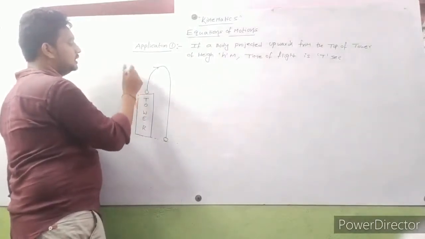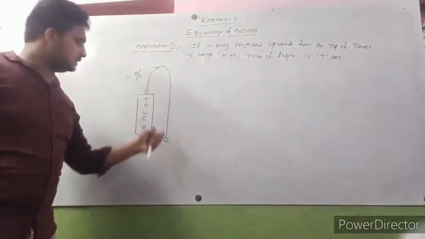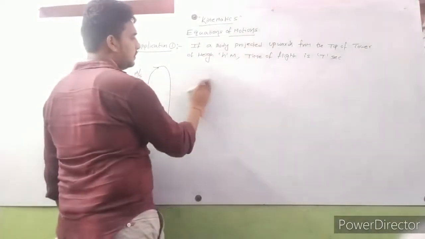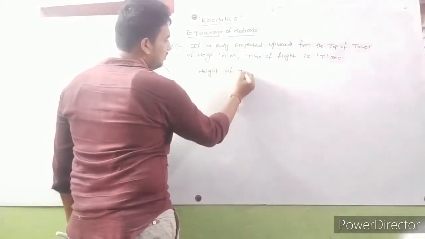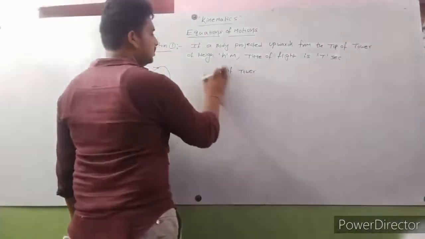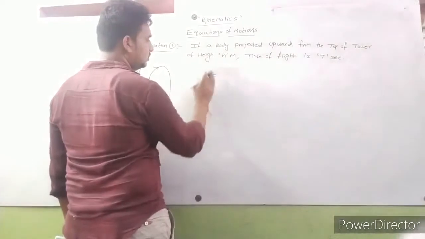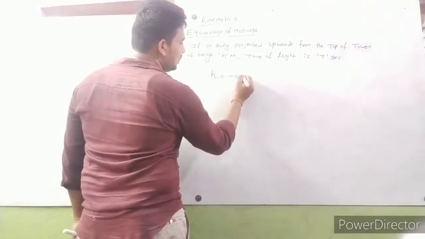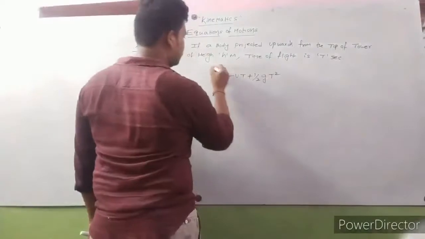Here what we need to find? Height of tower, we find by formula. Here the main formula is, this height of tower we take as h. h is equal to minus ut plus half gt square.